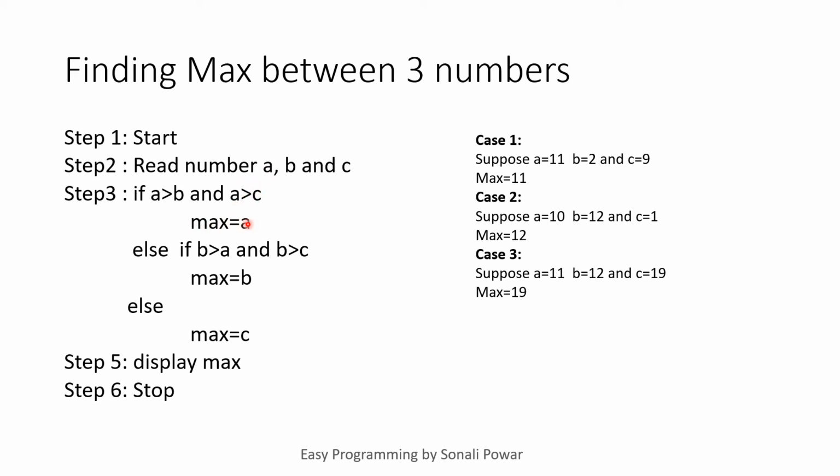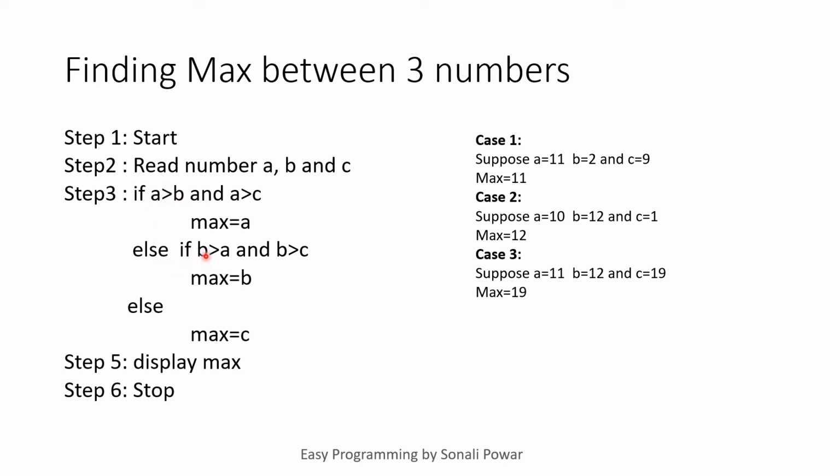So I will say that max is equal to A, it means max is equal to 11, and it will jump to step number 5 and it will display the 11. Now in case number 2, suppose the user enters 10, 12 and 1, it means A becomes 10, B becomes 12, C becomes 1. Now here I am checking 10 is greater than 12, no, this condition is false, so it will go into the else step.